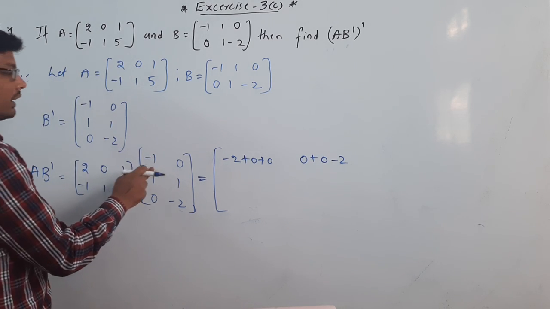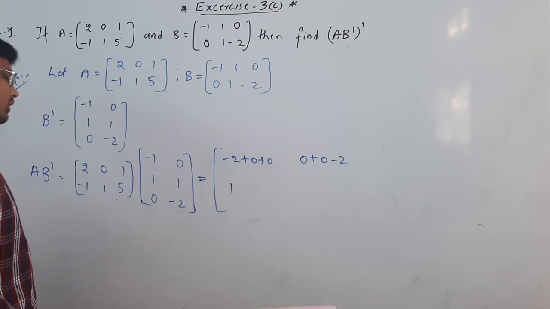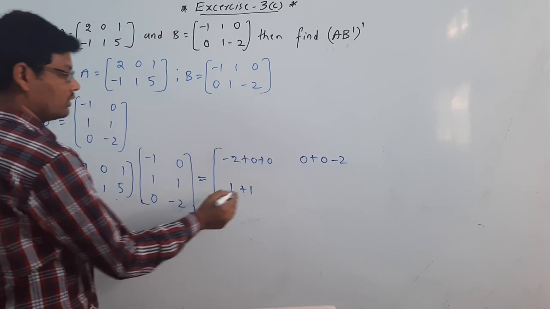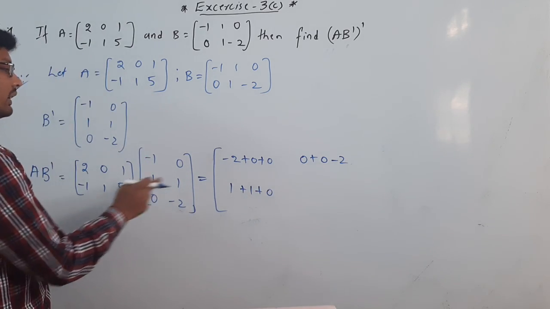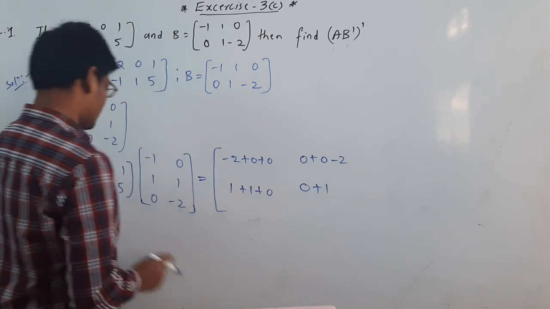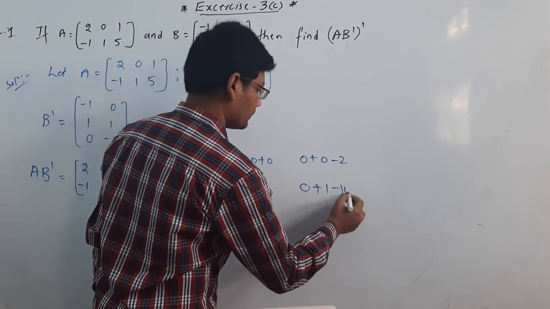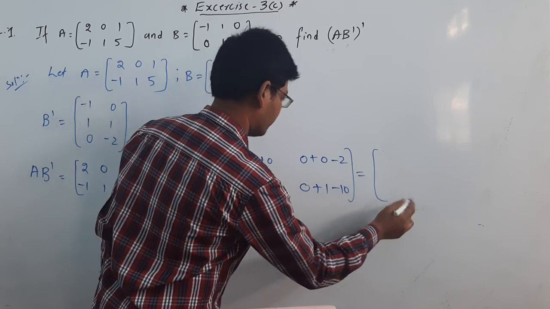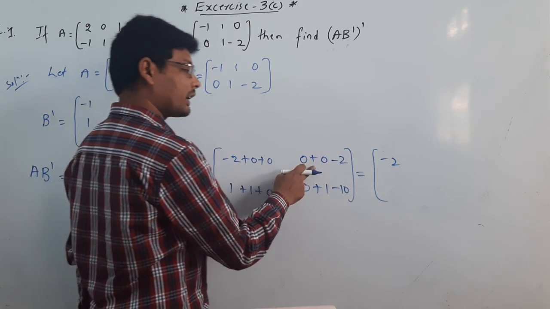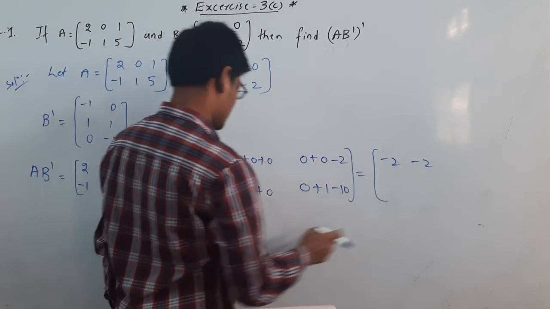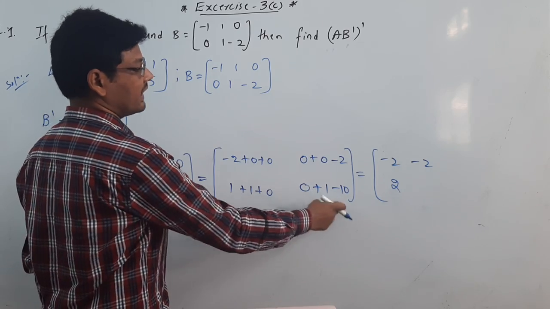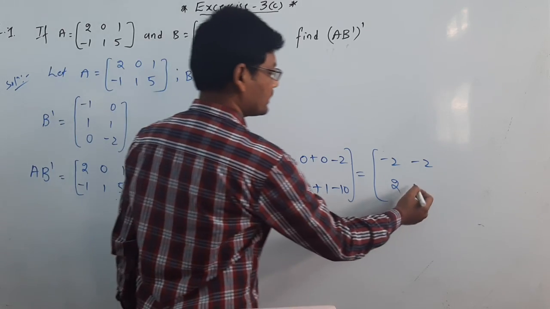Next minus 1 into 1 minus 1 that will become plus 1, plus 1 into 1 again 1, 5 into 0 that is 0, minus 1 into 0 0, and 1 into 1 that is 1 again, 5 is minus 10, minus 2 plus 0 0 that is minus 2, again 0 plus 0 minus 2, and 1 plus 1 2, and 1 minus 10 that is minus 9.